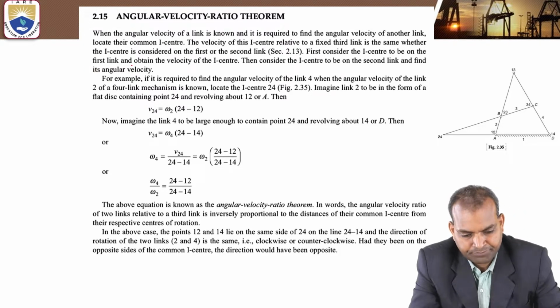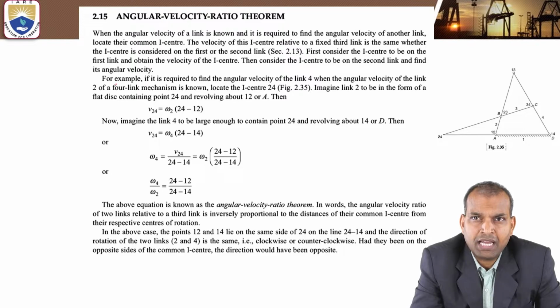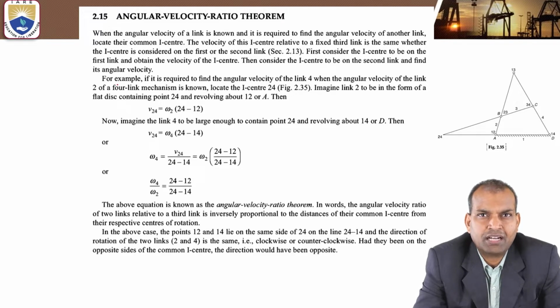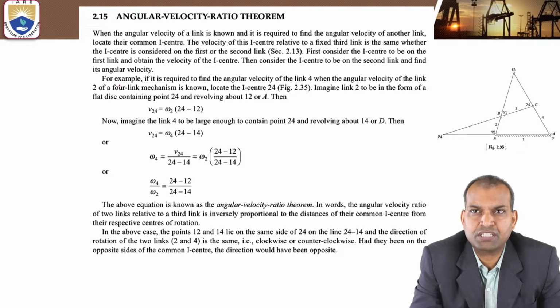Suppose here, let me read. When the angular velocity of a link is known and it is required to find the angular velocity of another link, locate their common I center, and the velocity of this I center relative to a fixed link is the same whether the I center is considered on the first or the second link.